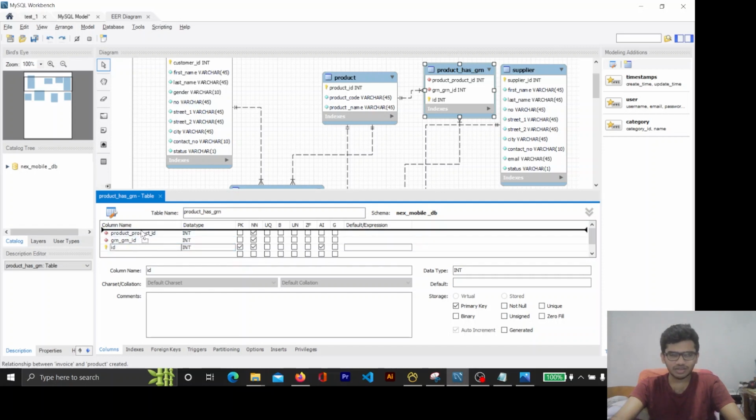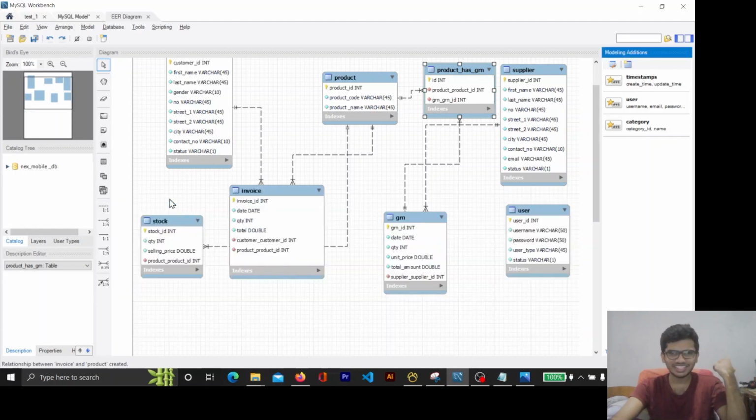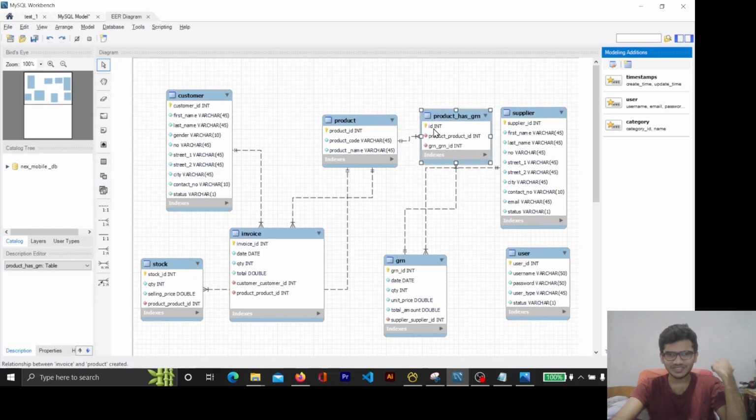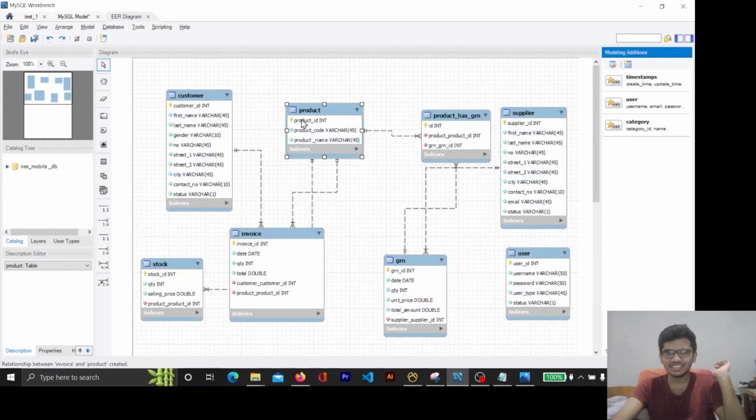I completely forgot about that. It's good that I tried to recap what just happened. This is called a synthetic primary key, so just keep in mind this technical word.